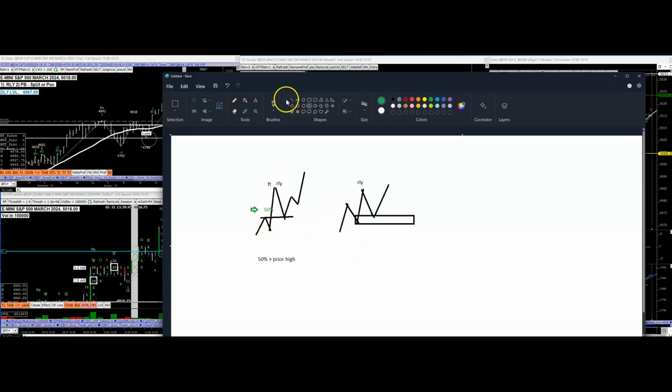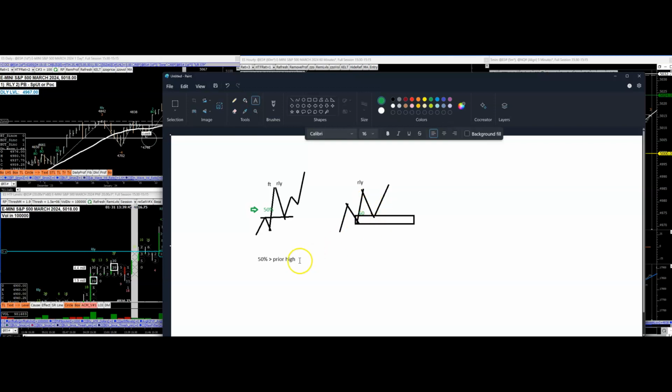If it's not, let's say it's above, let's say it's over here, then the price is going to test low, the pivot low.